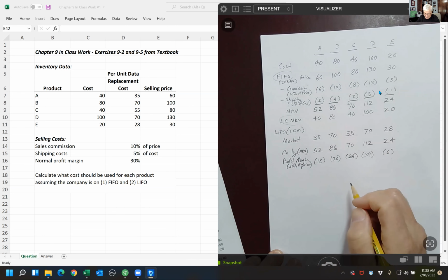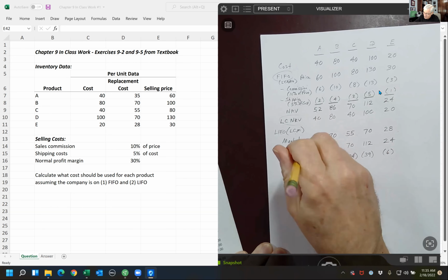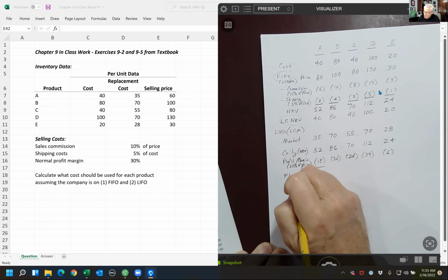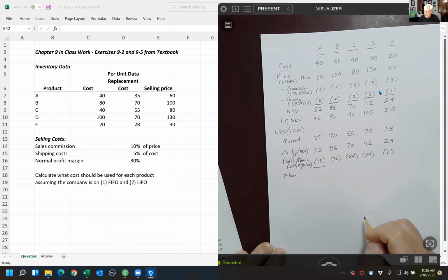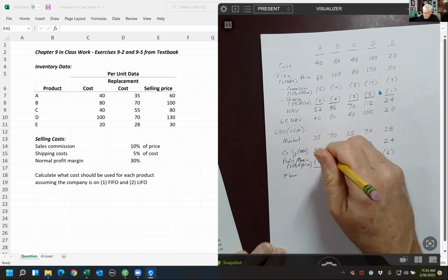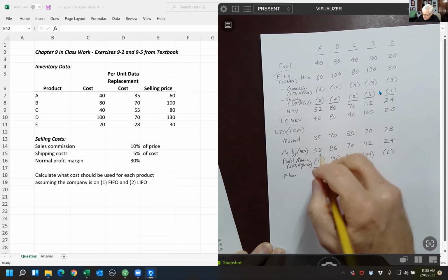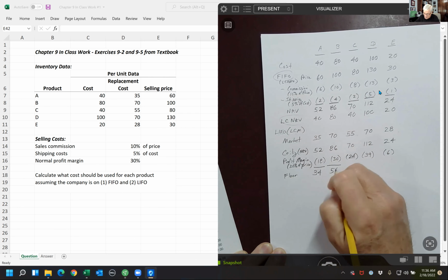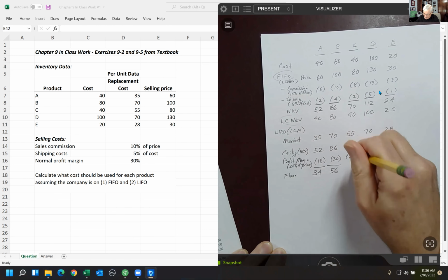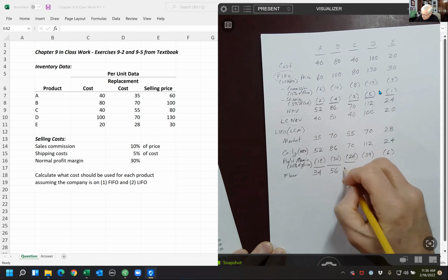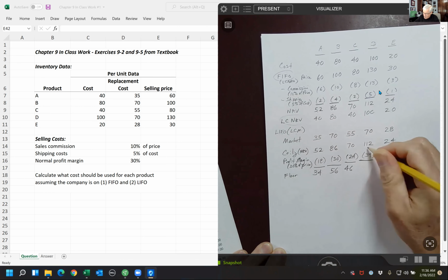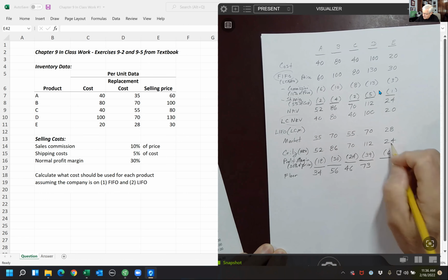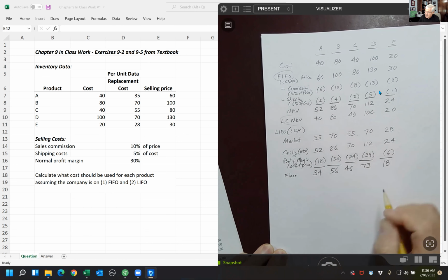So now I can calculate my NRV minus the profit margin, which is going to be my floor for this market price. So 52 minus 18, 34, 86 minus 30, 56, 70 minus 24, 46, 112 minus 39, 73, and 24 minus 6, 18.